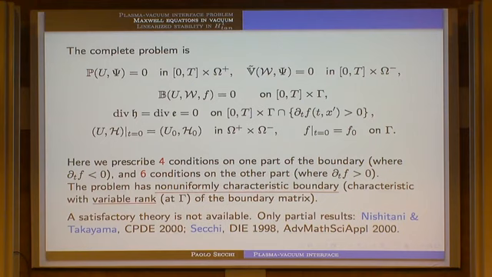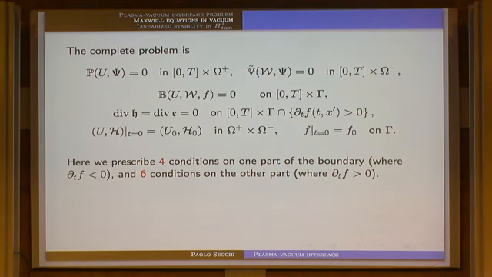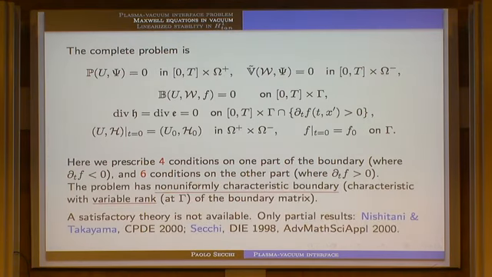There is no need. Well, you have 6 conditions on this part, and 4 only on this part here, where the derivative is negative. And I need the 2 conditions only on this part in order to get that the 2 divergences are 0 if they are 0 at the initial time, and I need the constraints.